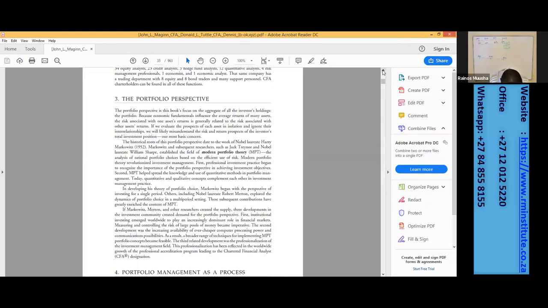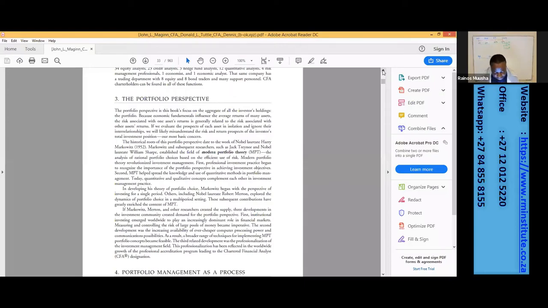Because economic fundamentals influence the average returns of many assets, the risk associated with one asset's returns is generally related to the risk associated with other assets' returns as well. If we evaluate the perspective of each asset in isolation and ignore their interrelationships, we will likely misunderstand the risk and return prospects of the investor's total investment position, which is our most basic concern.